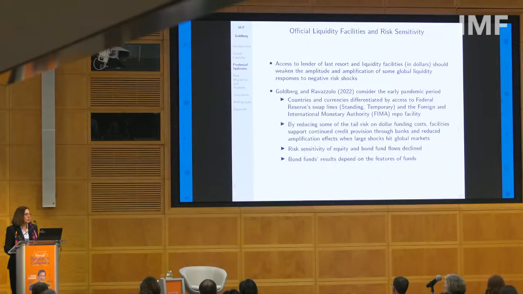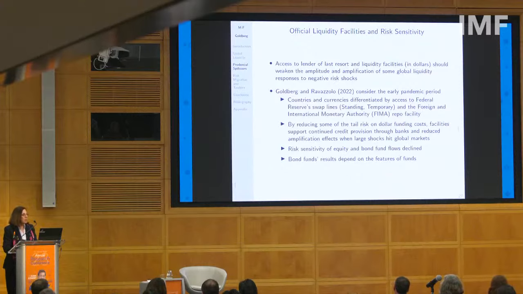At least from the perspective of liquidity for such insurance purposes, access to lender of last resort and liquidity facilities should weaken the amplitude and amplification effects of some global liquidity responses to extreme risk events.